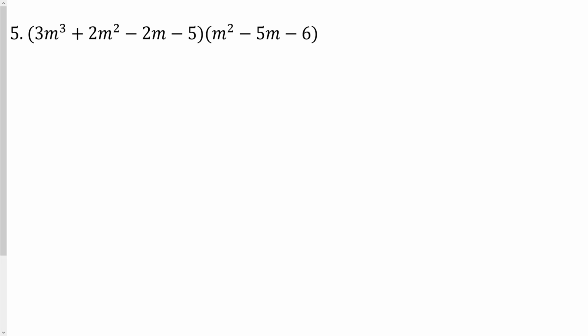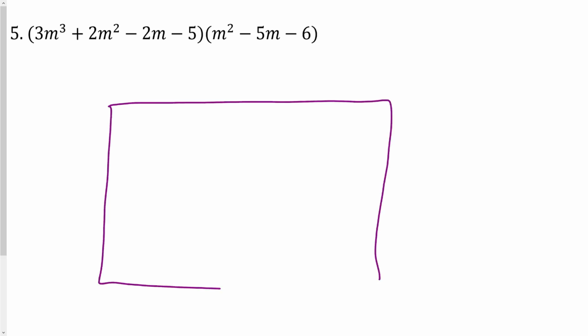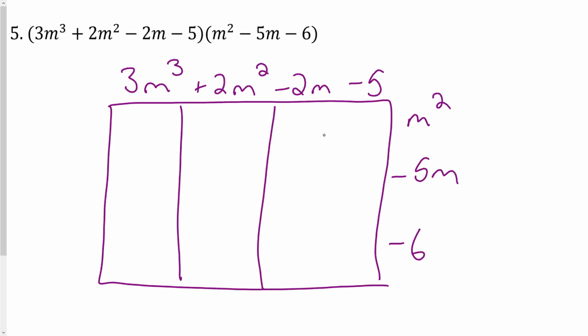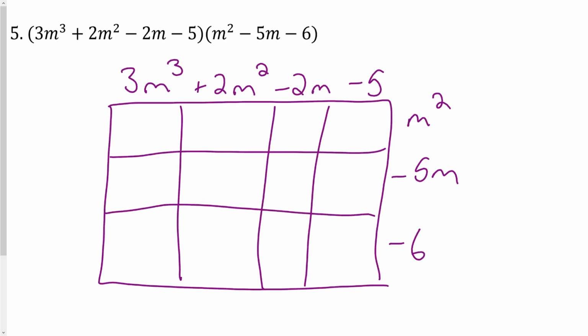Number 5, this is a big one here, but we don't need to freak out because we're just going to use a table. So this has 4 terms, that has 3 terms. So 3m cubed plus 2m squared minus 2m minus 5, m squared minus 5m minus 6. 4 by 3. 3m cubed times m squared is 3m to the 5th, because I'm multiplying 5 m's together there.